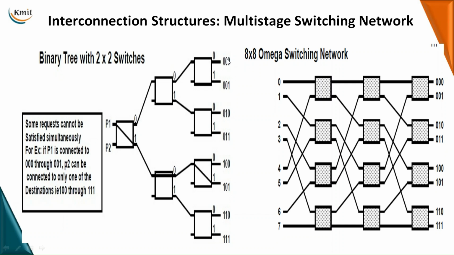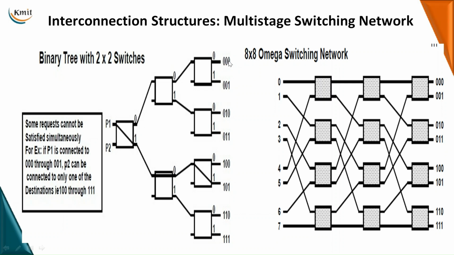If you see here, it starts from the processors, from 000 to 111: P0, P1, P2, P3, P4, P5, P6, P7. Overall there are 8 processors connected in the network, and from any processor you can connect to any other processor present in the network with the help of this particular switch.